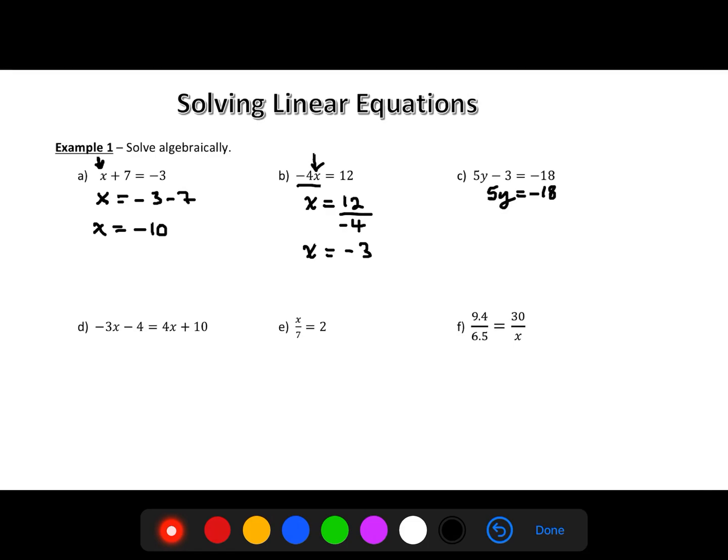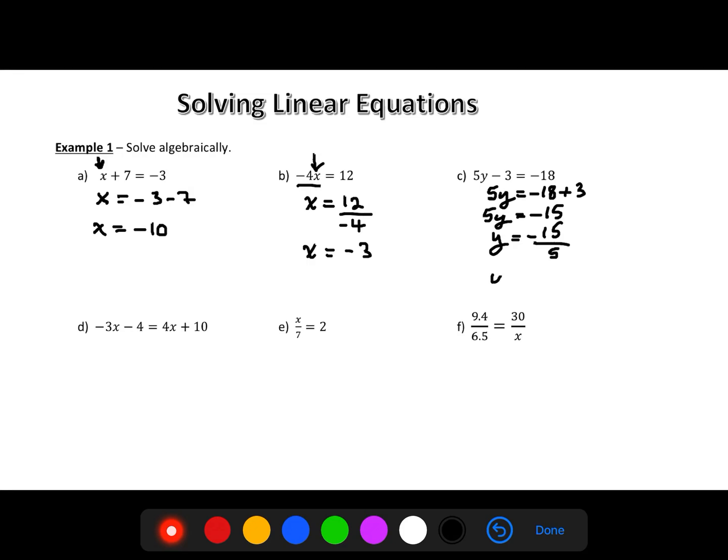For part C, we've got a couple of steps we've got to do here. First thing is we get rid of anything that is not directly attached to our variable. So we can move our 3 over first of all. When we do that, it becomes a plus on the opposite side, leaving us with 15.